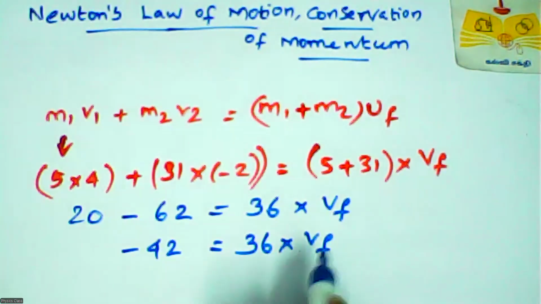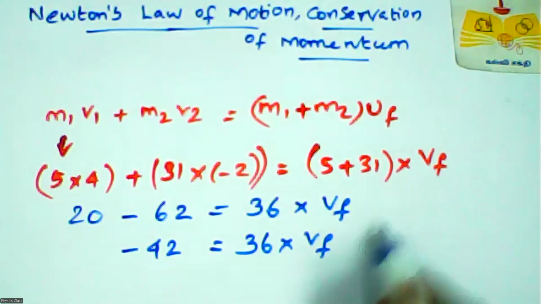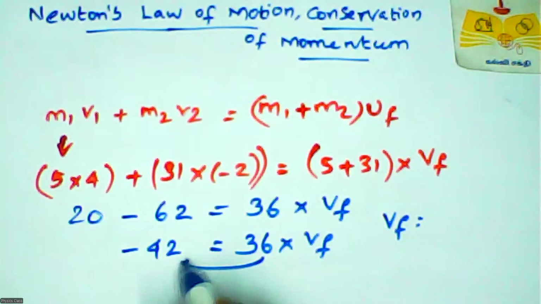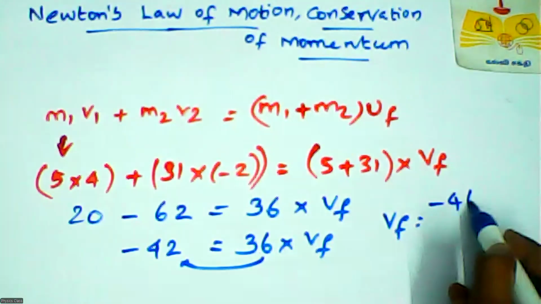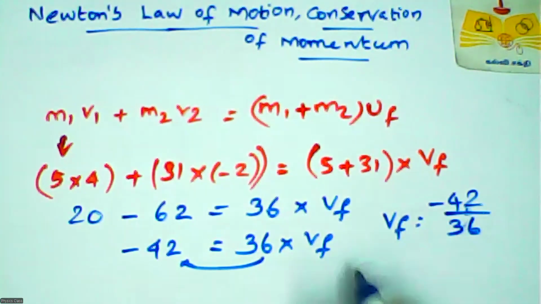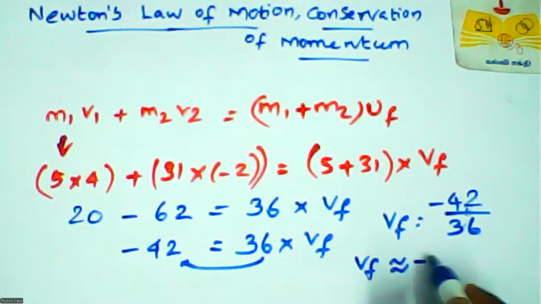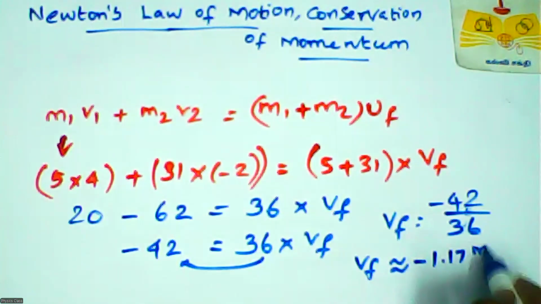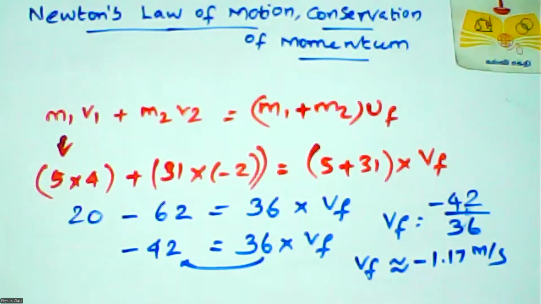We solve for the final velocity: vf is equal to minus 42 divided by 36. We will get approximately minus 1.17 meter per second. This is the value of the final velocity of that object.